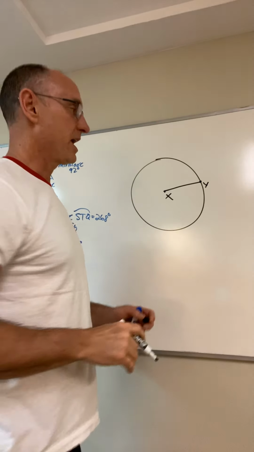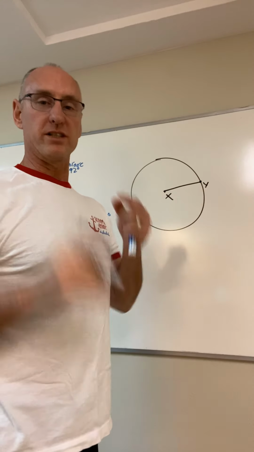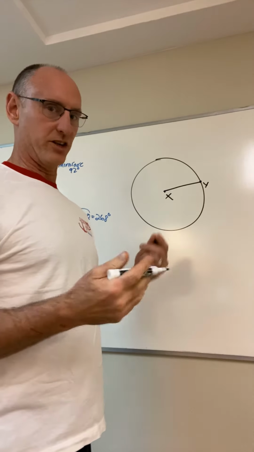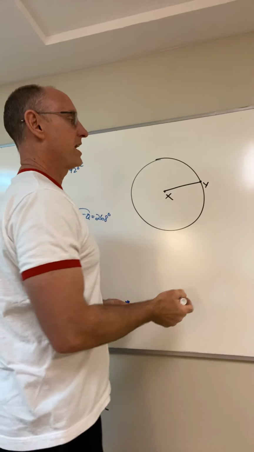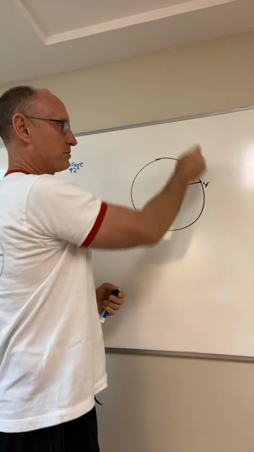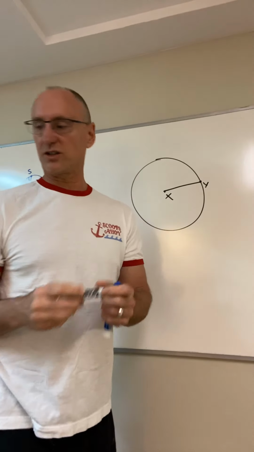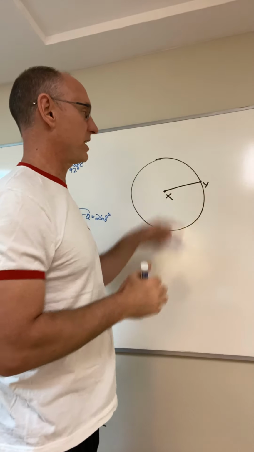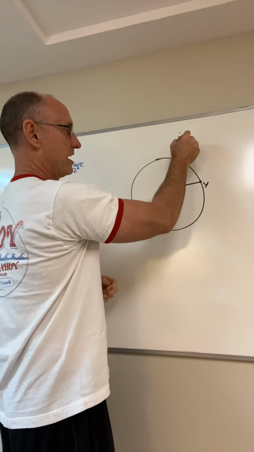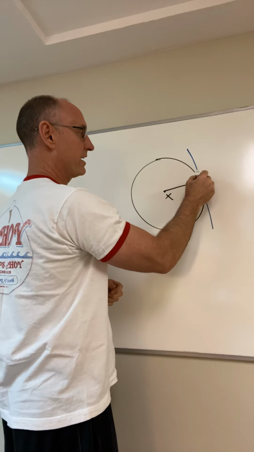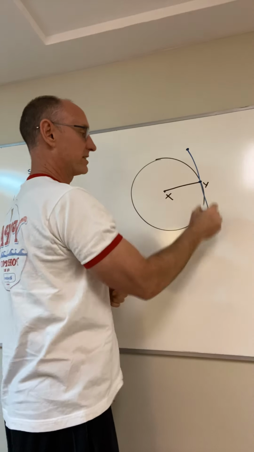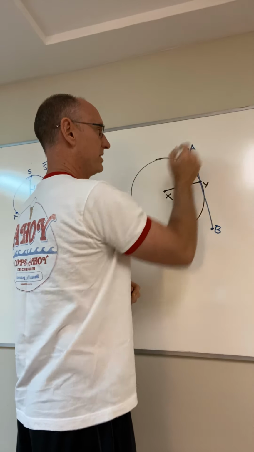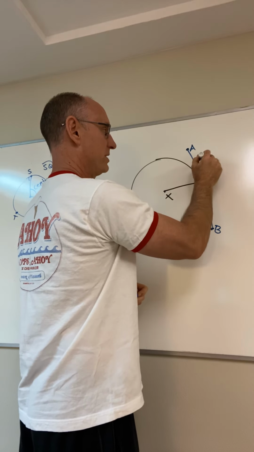So far, so good. Now we're going to talk about what's called a tangent. And a tangent line or a tangent chord is a line that comes by and hits the circle in just one spot, and that spot is where this radius is. So if I draw a line right through Y, and let's say it's a line segment, so let's call this line segment AB, like this.